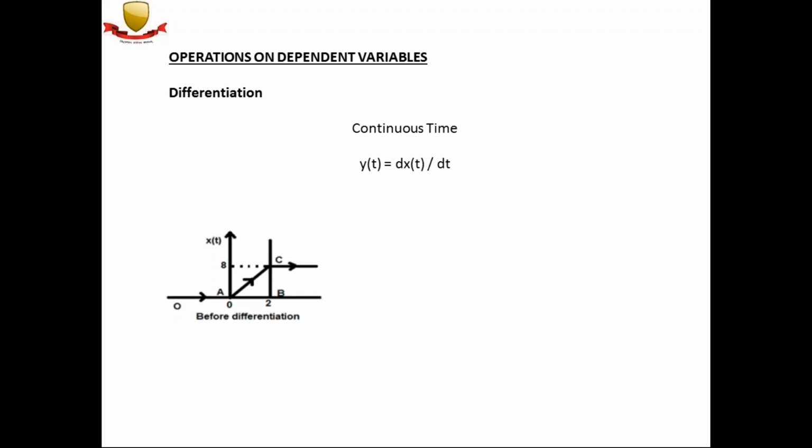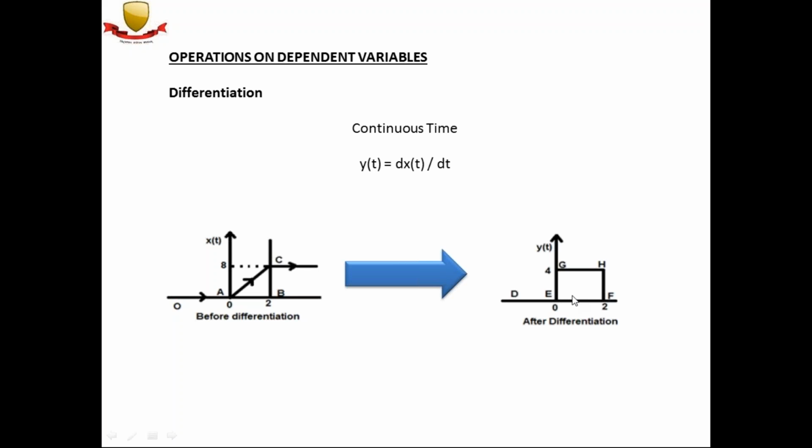You can see in the diagram below that there is a linear kind of signal, a ramp, and we have to differentiate it. Once you go for the differentiation, this will be the final output that comes after the differentiation.